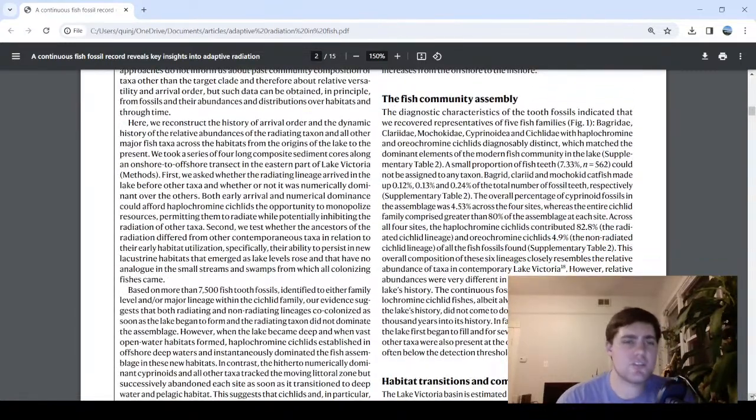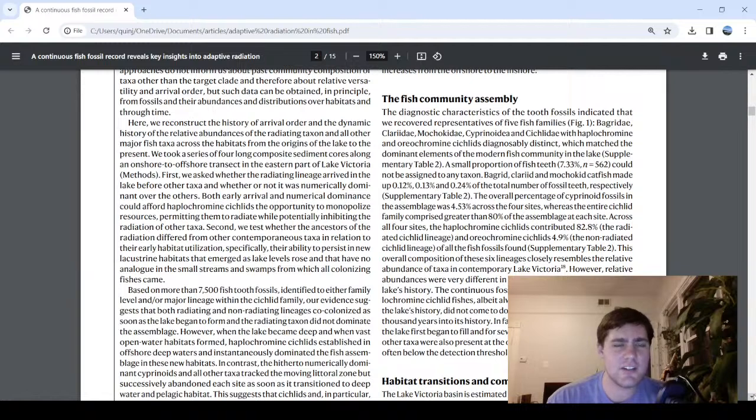Here we reconstruct the history of arrival order and the dynamic history of the relative abundances of the radiating taxon and all other major fish taxa across habitats from the origins of the lake to the present.